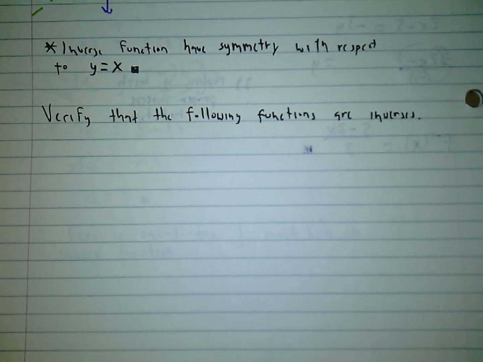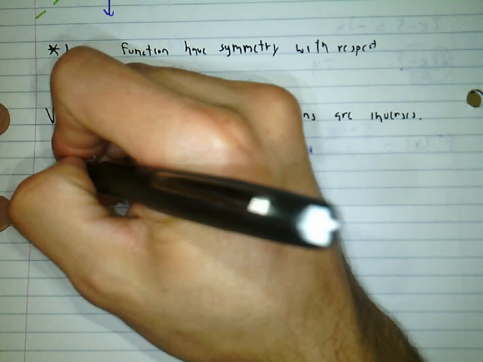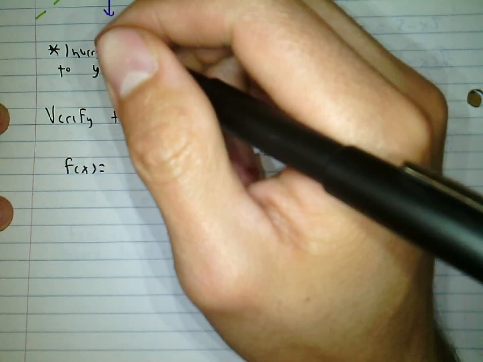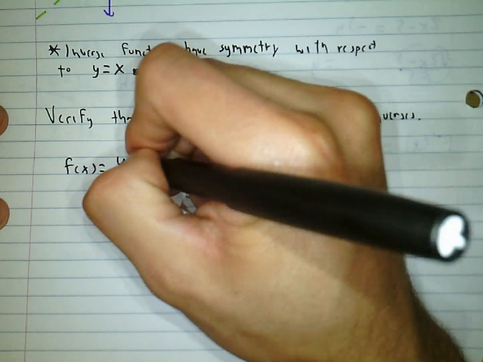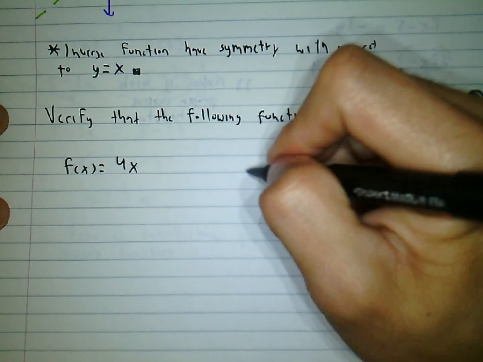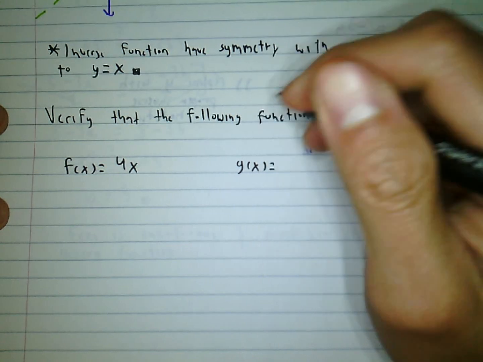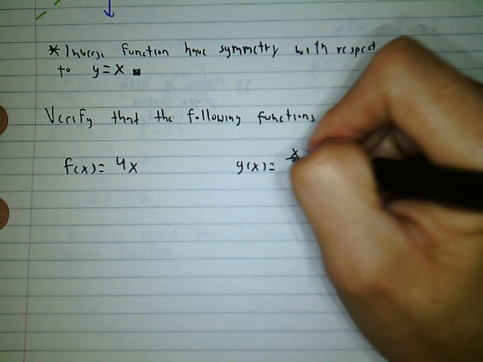In other words, you're going to be given two functions, and it's going to be your turn to prove that they are inverses of each other. Okay. So let's say that you're given the following functions. f of x is equal to, let's do something simple, 4x. And let's say that g of x is equal to x over 4.